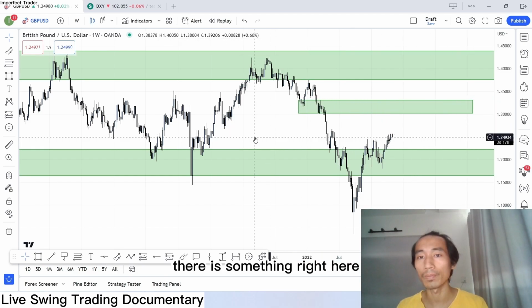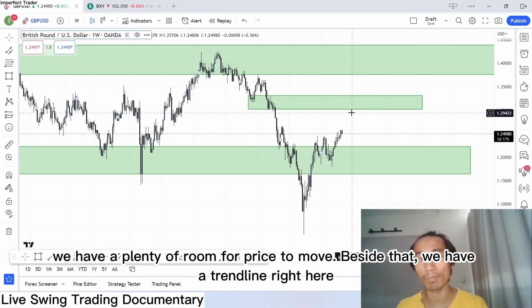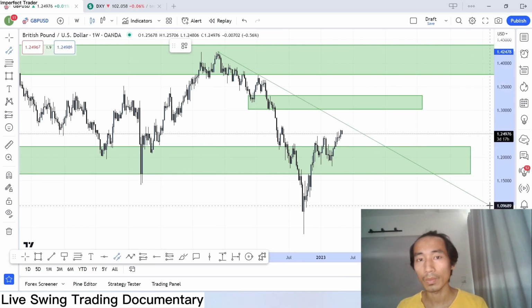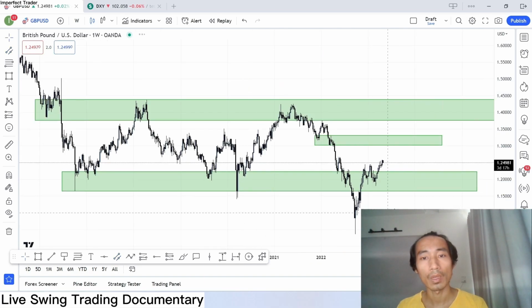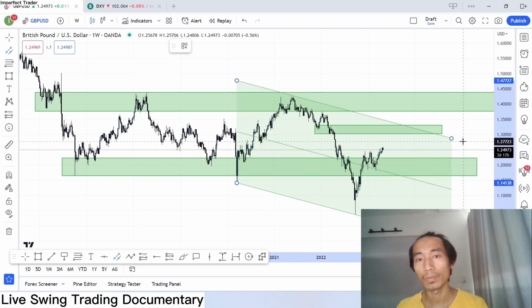There is something right here, and from here to here we have plenty of room for price to move. Besides that, we have a trend line right here, and I'm seeing a channel.